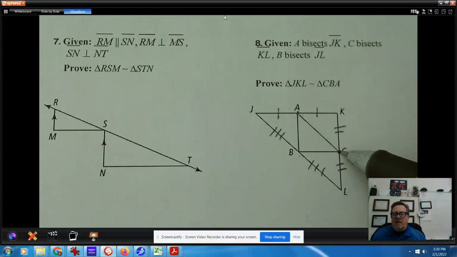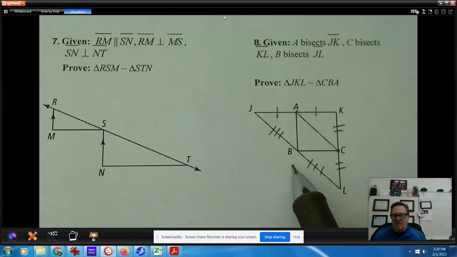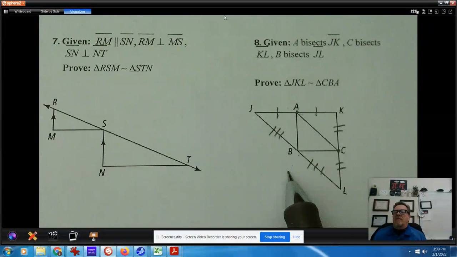And the mid-segment theorem said that the segment that connects the midpoints will be parallel to the side. So AC is parallel to JL, and half of its length.